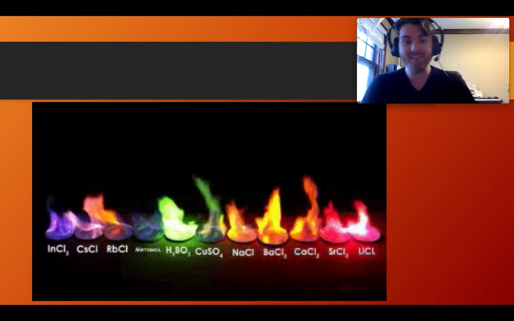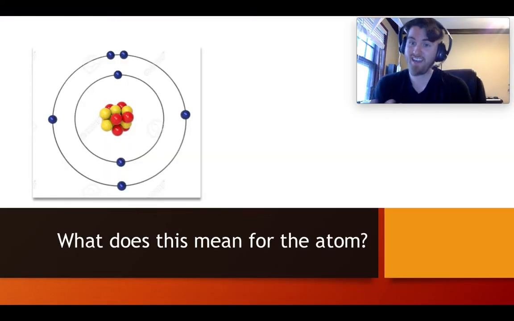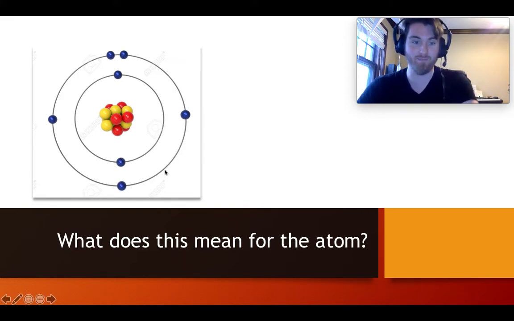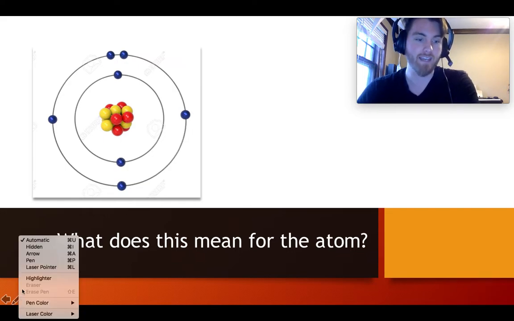Now, this is the main idea, and the entire idea here is talking about what this means for the atom. Does it mean that Boltzmann is right in all of his little areas over on the side? Does it mean that this Bohr model of the atom is right?